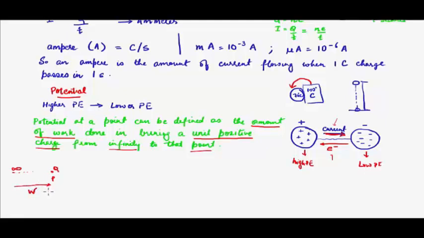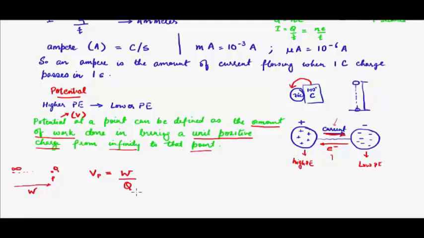So the potential at the point P will be equal to the work done per unit charge, but here we are talking about Q charge, so work per unit charge. Okay, so this is my mathematical definition of potential.